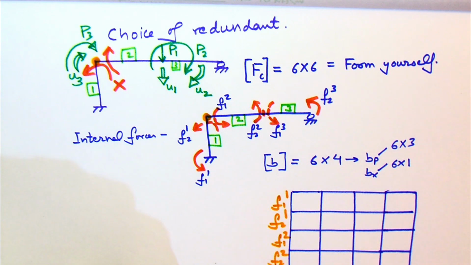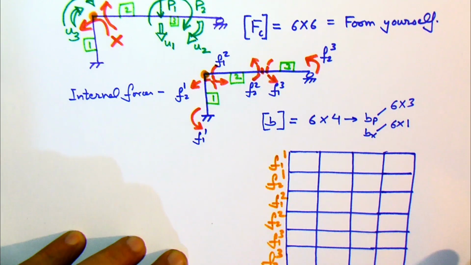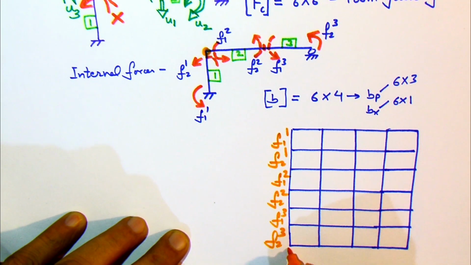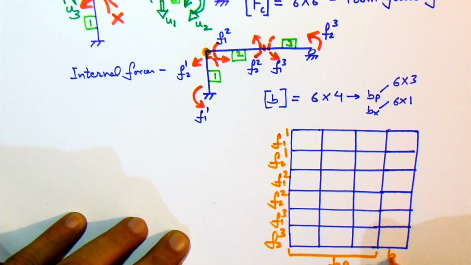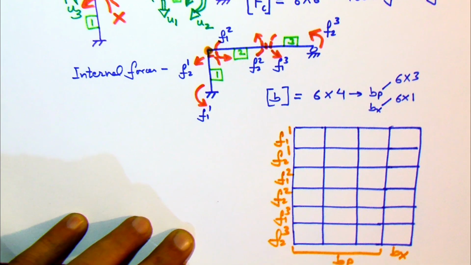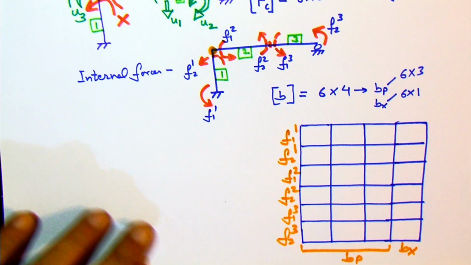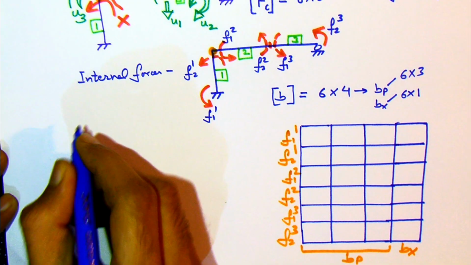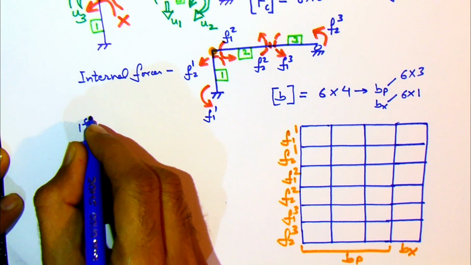So here we also label the rows according to the internal force they are representing. This helps us in easily filling up when we are applying forces one by one on the structure to find out the elements of B matrix.